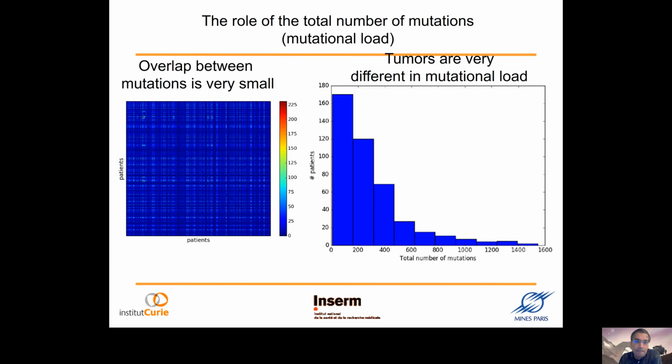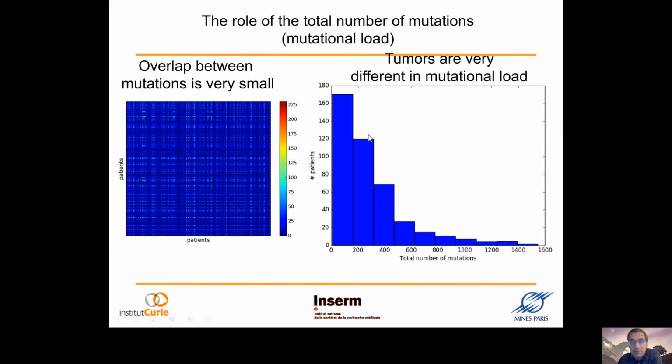The first fact you observe is that if you try to quantify the overlap between mutations in different patients, it is very small. This matrix represents how many mutations are common between each pair of patients, and you see that for most of the patients, this value is close to 0, 1. So we have only very few mutations which are common.